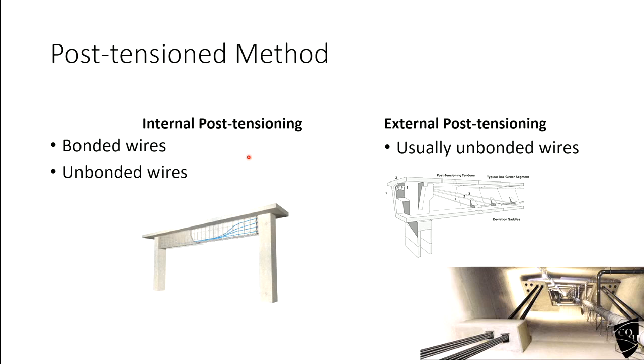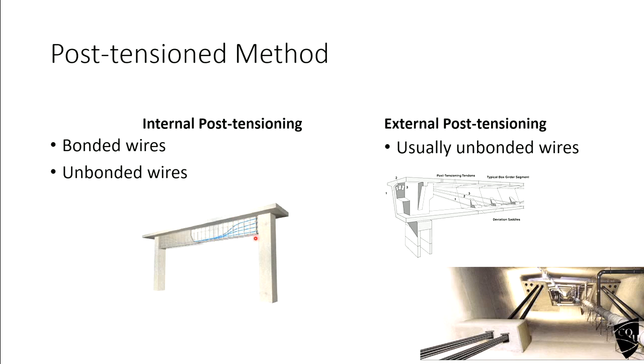Under internal post tensioning, again they give two types, bonded wires and unbonded wires. If you look at the tendons, tendons are normally inserted through a duct, something like a pipe.